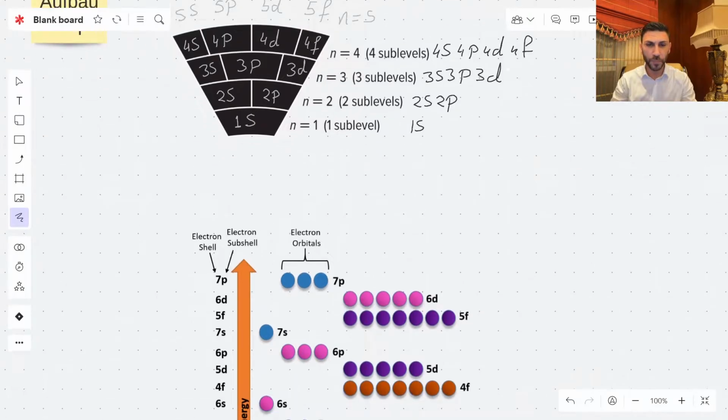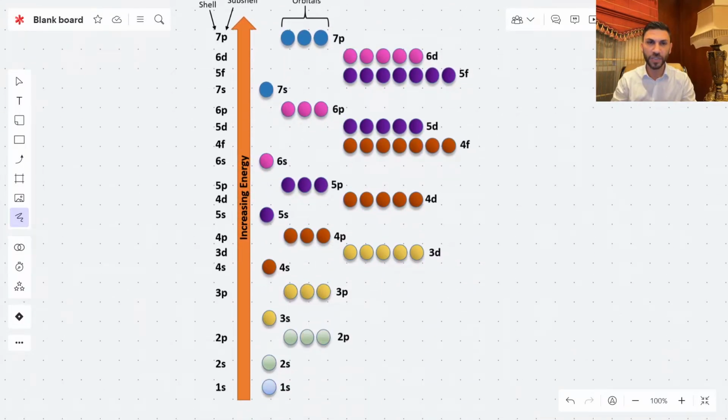Now, we have this diagram in terms of the energies and the sublevels. The energy is increasing from bottom to top, as you can see. Here we have the 1S with the lowest energy. Here we have the second S, it means 2S, and 2S has higher energy than 1S.